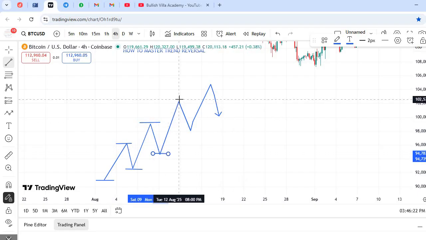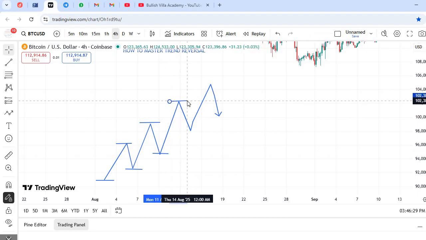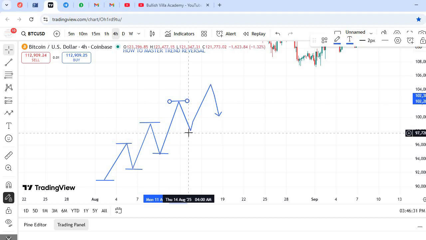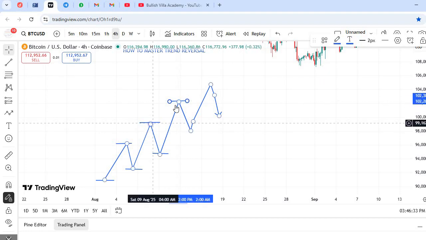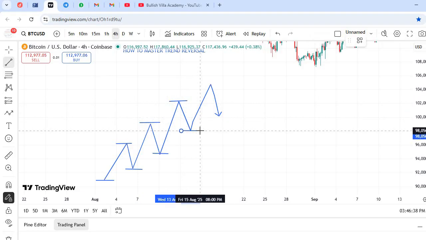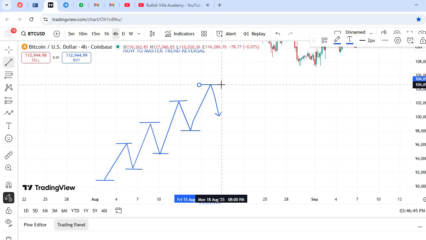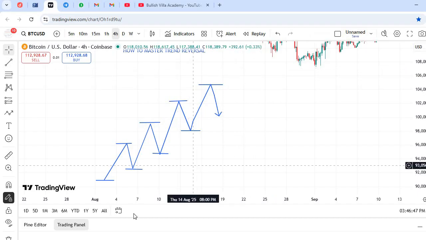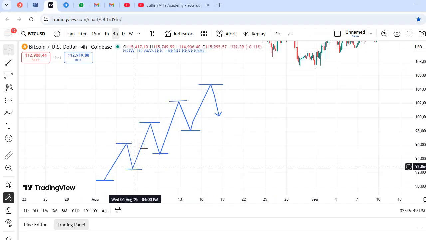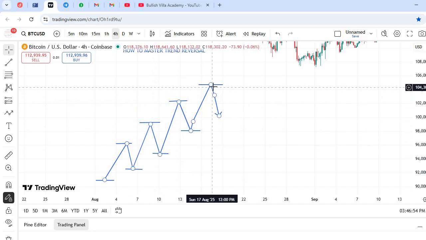From this low to this high, that is another leg. From this high to this low, that's another leg. Please let's pay attention. From this low to this high, that is another leg. Understand? Now this is one leg, this is one leg, this is one leg, this is another leg.